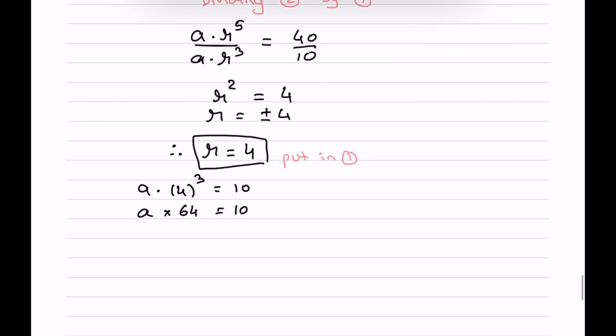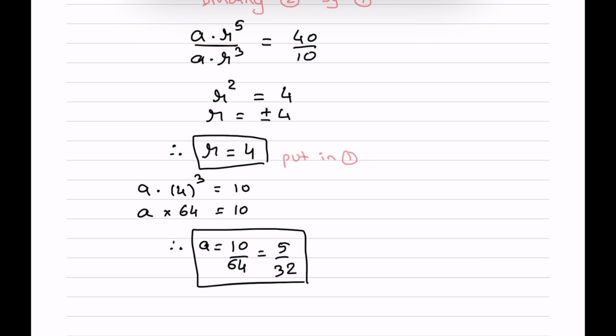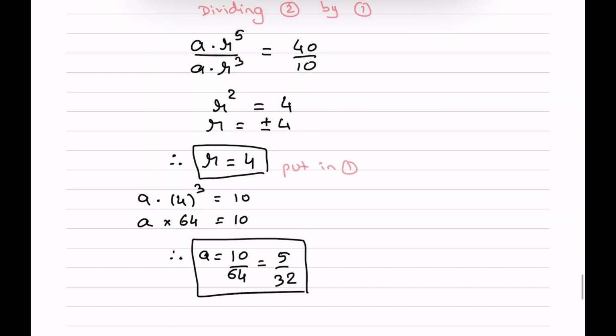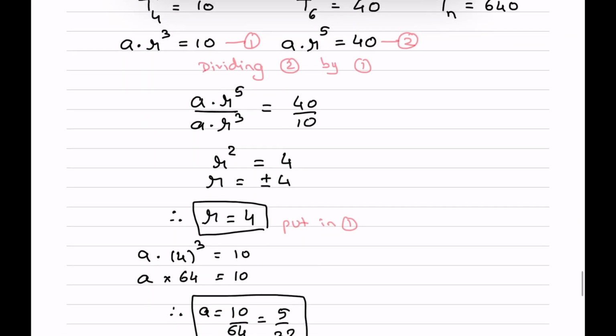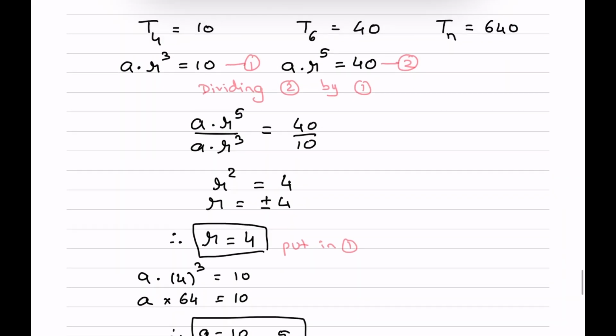So the first term is 10 upon 8, or 5 upon 4. Now, having the value of the first term and the common ratio, we can find the number of terms from the formula of the nth term.